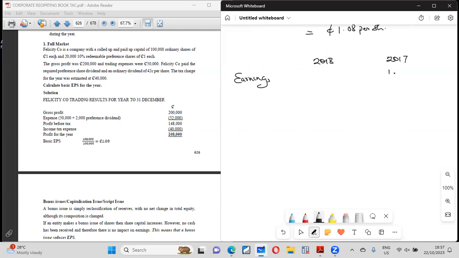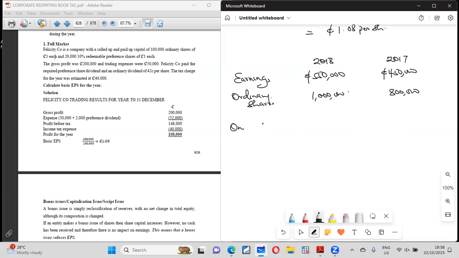The earnings here, let's make it 450,000. And this year it grew to, let's say, 550,000. Then we have ordinary shares. Let's make this side 800,000 shares, and here is 1 million shares.